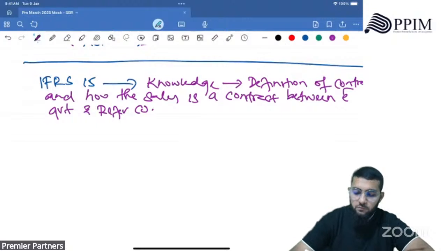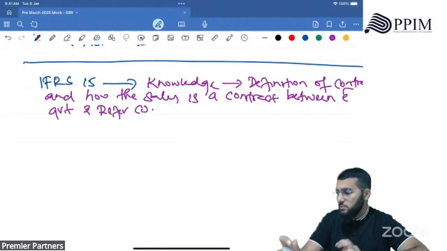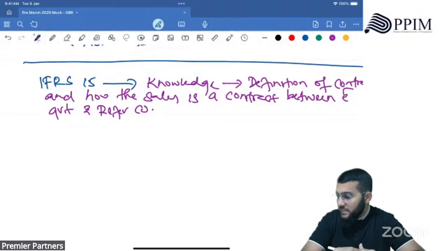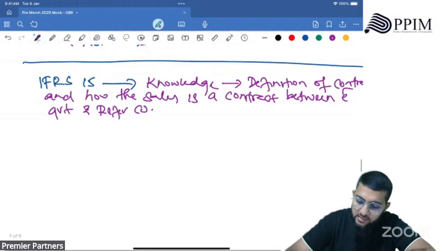Why? There is a contractual right to receive cash. Then the contract has commercial substance, and the payment terms can be identified. Each party's rights in relation to goods should be identified. The contract has been approved by the parties, and the consideration is to be received. All those conditions are being met. Therefore, you can say it is coming under the purview of IFRS 15.